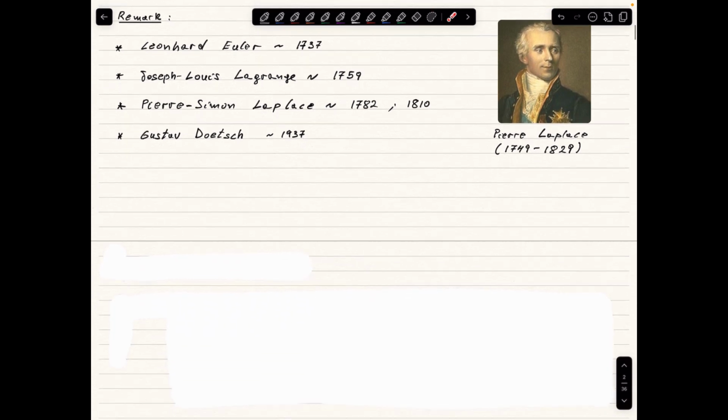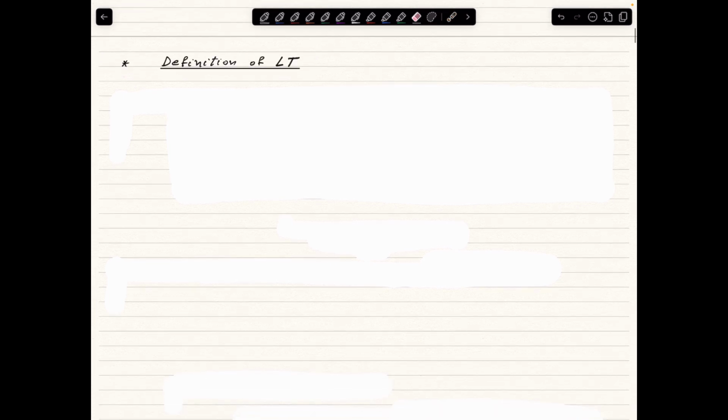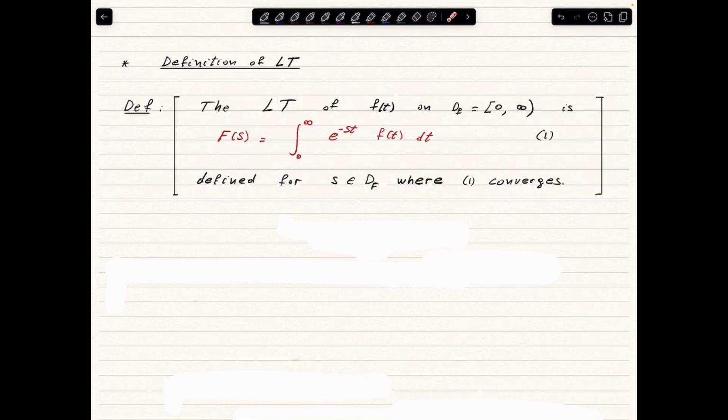So this whole discussion leads us to the following definitions. The Laplace transform of a function f of t that is defined on the domain 0 to infinity is given by this expression, where what we have on the right hand side is our function f of t multiplied by an exponential of negative st, and then integrated this product between 0 and infinity.